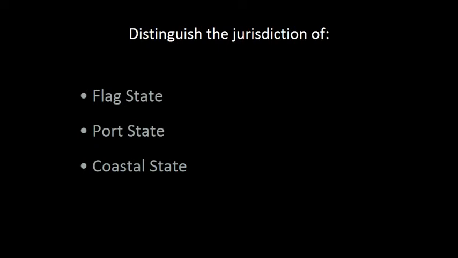So the flag state, important to understand. The port state, pretty obvious. It's like if you go into port, a country can have control over you once you're within their jurisdiction. And then the coastal state is really a state that has a coastline, and there are maritime zones extending out from areas where a country can control out to.